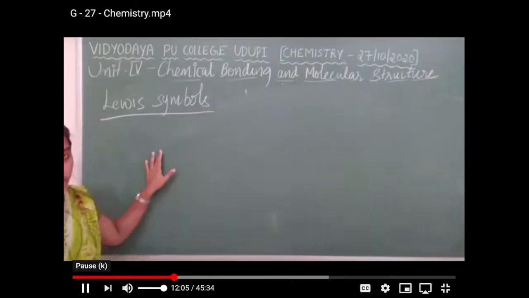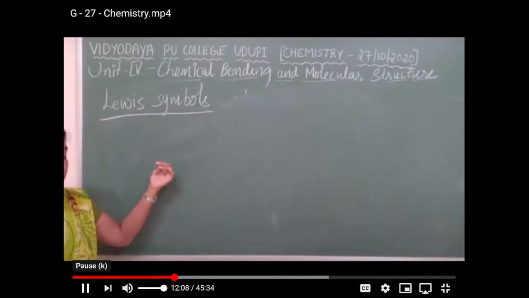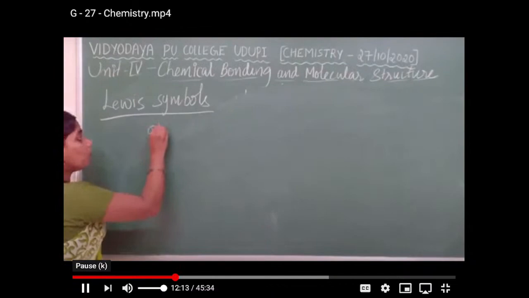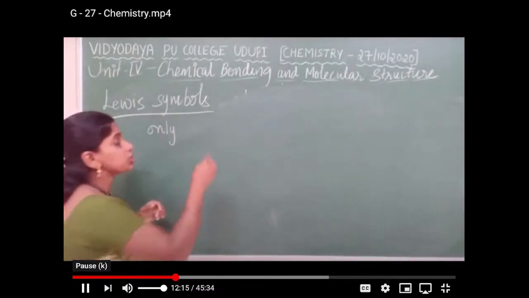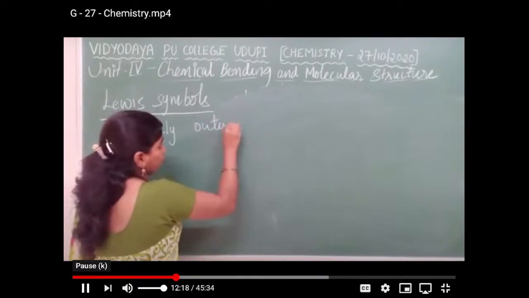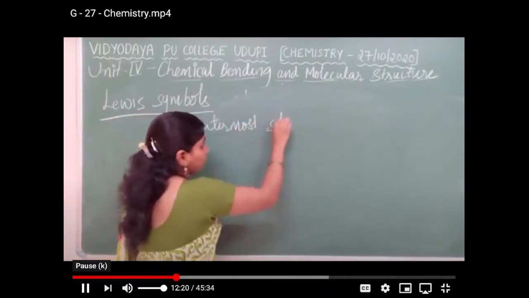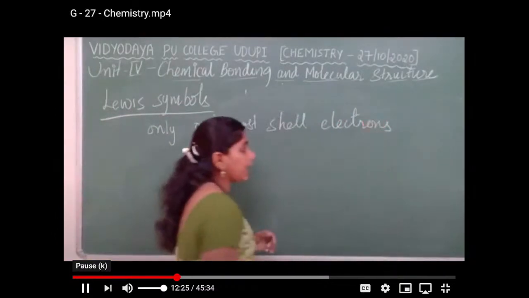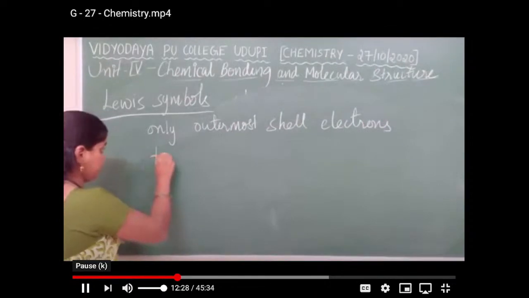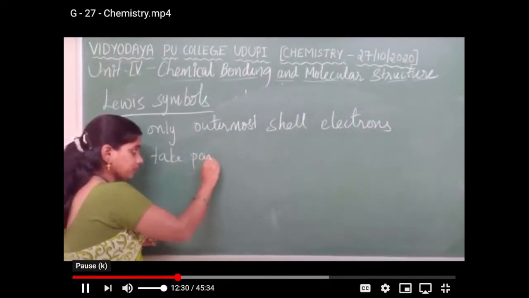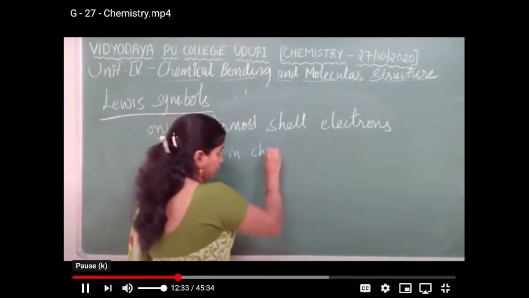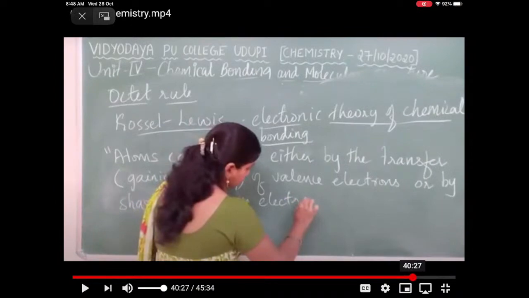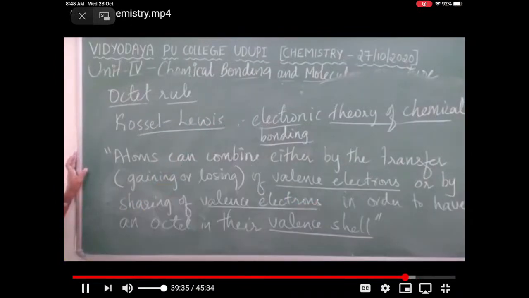During the formation of a compound by chemical bond, only the outermost shell electrons take part in the chemical bonding.